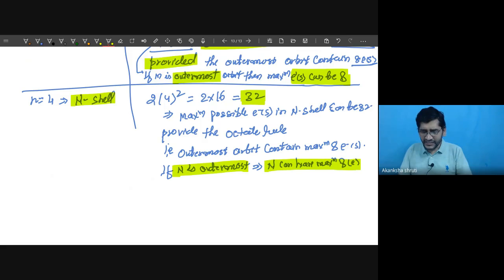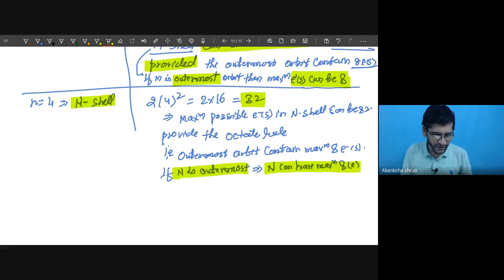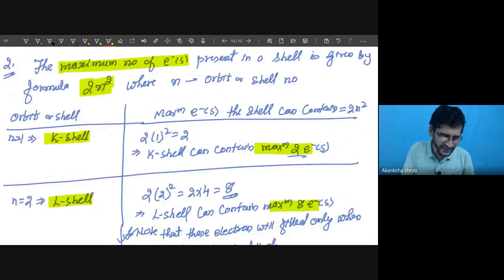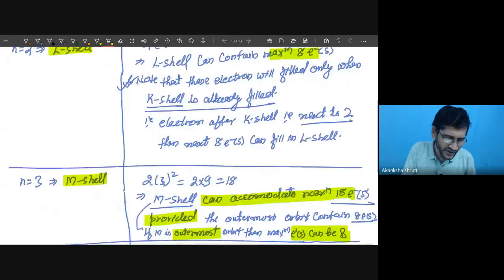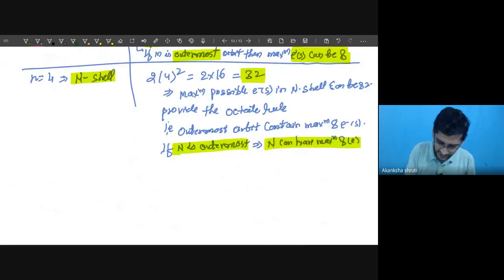So this provided condition was given by Bohr in the form of a rule called the octet rule. So write down the third point or third rule, which is very important. The maximum number of electrons that can be accommodated in any outermost orbit, whether it is the K shell or L shell or M shell, can be 8 only.